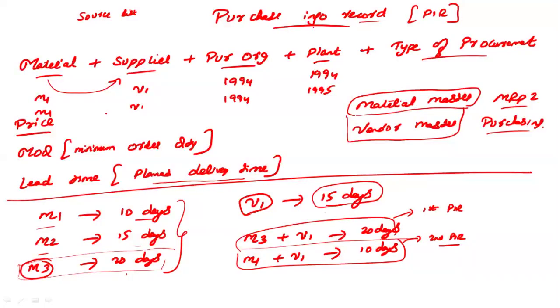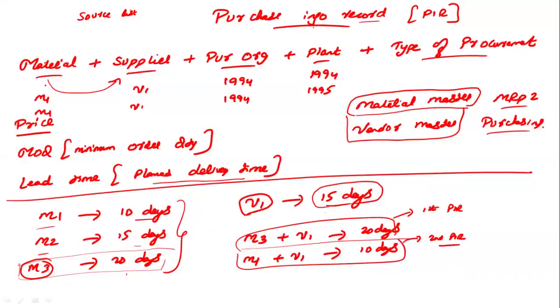Any questions? Venkatesh, as you told, we'll take information from the material master, this lead time. Normally, if you don't have a purchase info record, yes. Okay, suppose in the purchase info record, from where will we extract that data?